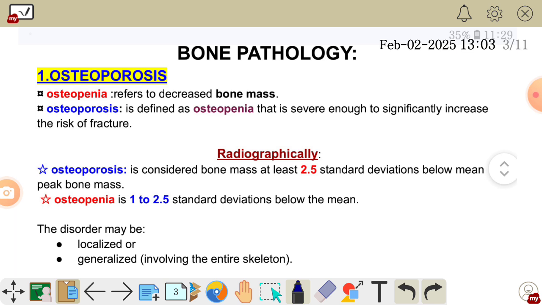Okay, now we can also define osteoporosis radiographically. So radiographically we can define osteoporosis to be bone mass which is at least 2.5 standard deviations below the mean peak bone mass. So if we have the average or the mean of the bone mass of normal individuals, we get the average of the bone mass, and then we come up with a single figure.